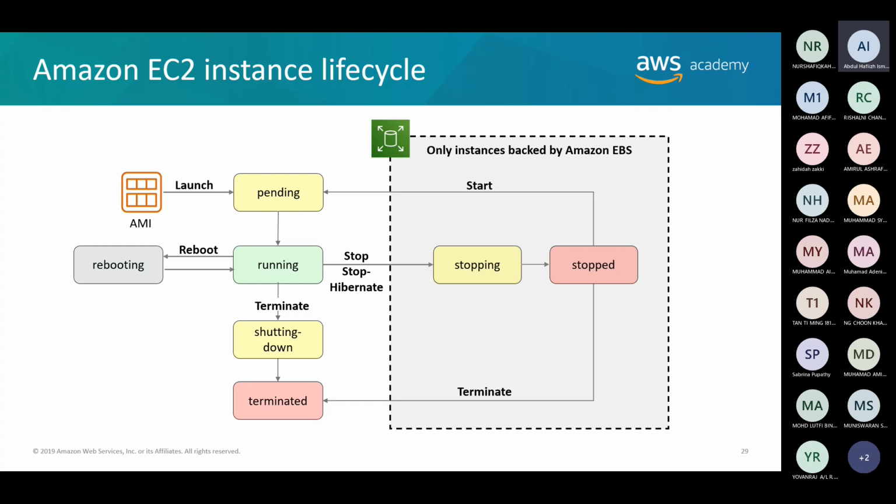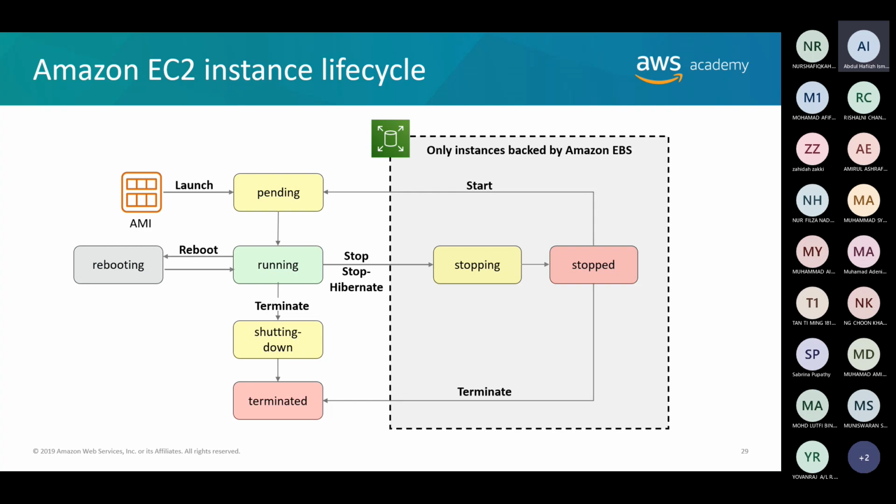When an instance is first launched from an AMI, or when you start a stopped instance, it enters the pending state when the instance is booted and deployed to a host computer. The instance type that you specify at launch determines the hardware of the host computer for your instance.